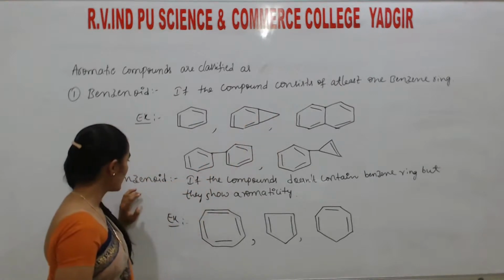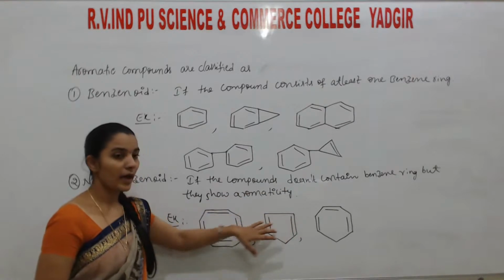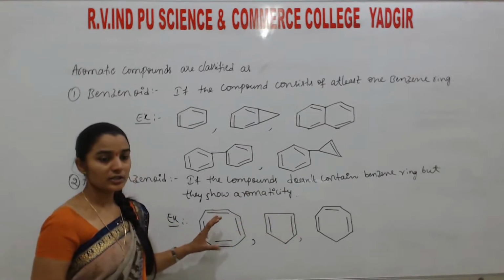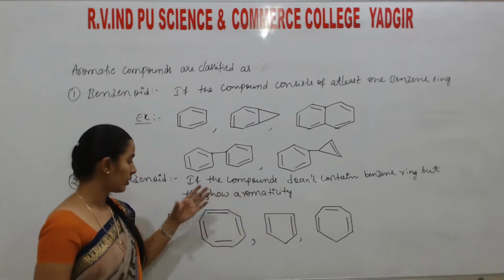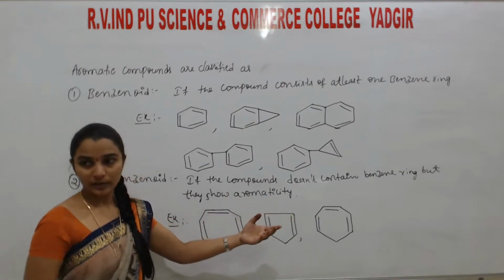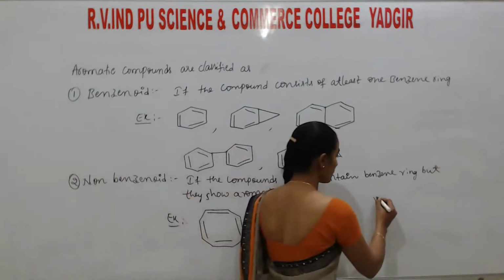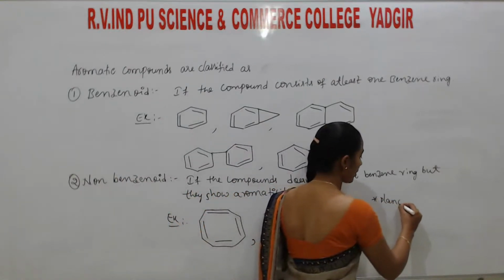If the compounds don't consist of any benzene ring, but aromaticity exists, there are conditions. What is the condition to exhibit aromaticity? Later I'll explain. Some rules are there, two rules actually. The first rule is it must be a planar compound.